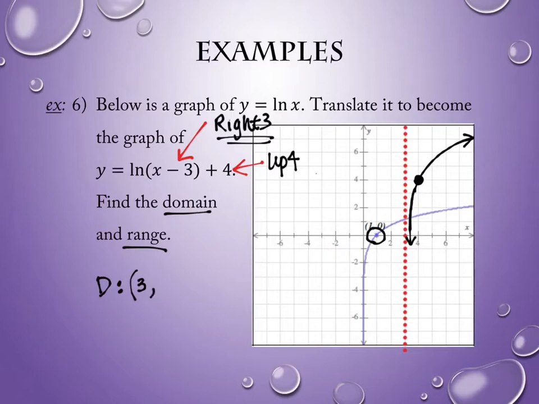And where will my domain sort of stop? Yeah, infinity. It kind of doesn't stop, right? How about my range? -infinity to infinity. It goes from the lower part to the upper part forever. It doesn't do it very fast on the log function, but it still does it.